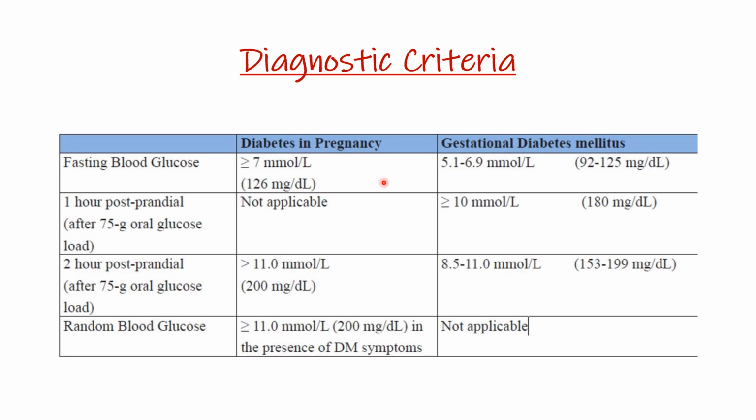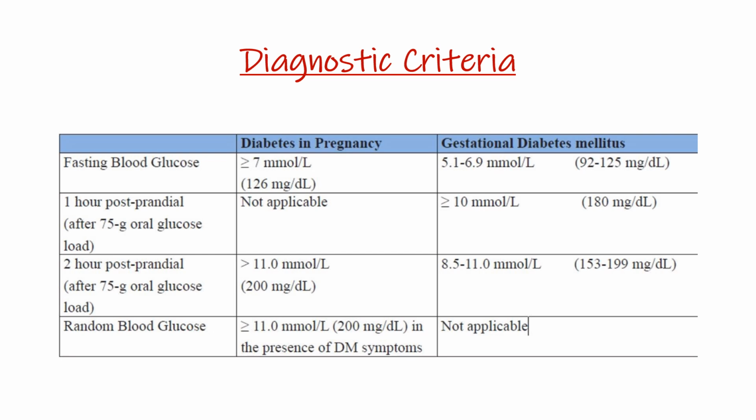However, when the woman comes with blood glucose that exceeds the range of gestational diabetes, then we'll define it as diabetes in pregnancy. So in terms of fasting glucose, gestational diabetes will be 5.1 to 6.9. After the oral glucose tolerance, one hour will be greater than 10, and after 2 hours it will be 8.5 to 11, and then a random one is not applicable. So I hope you have really noted.